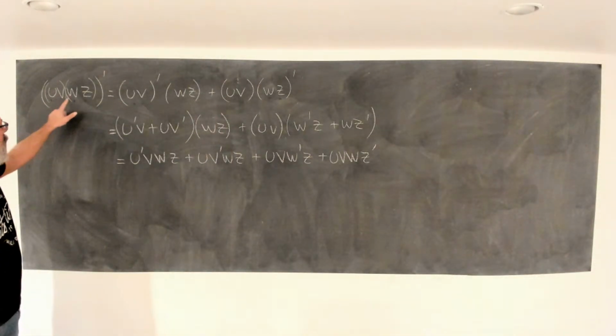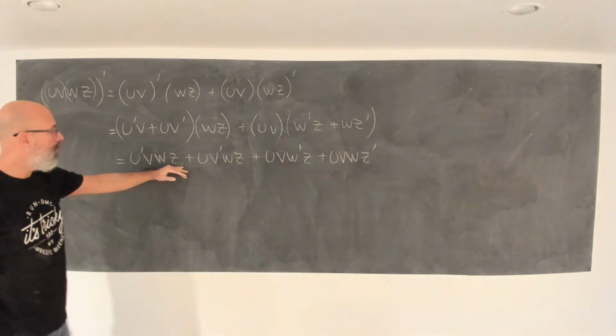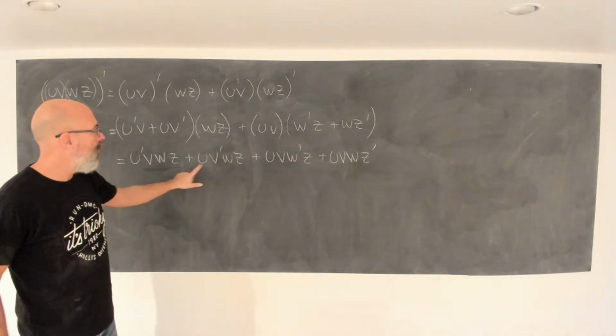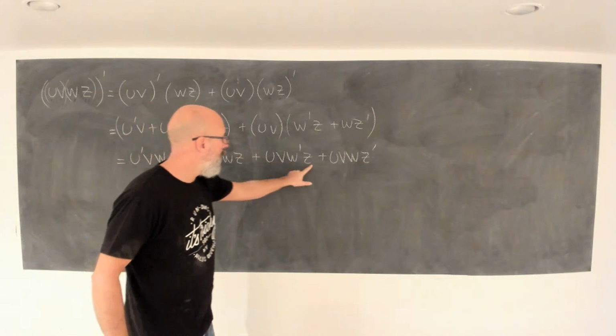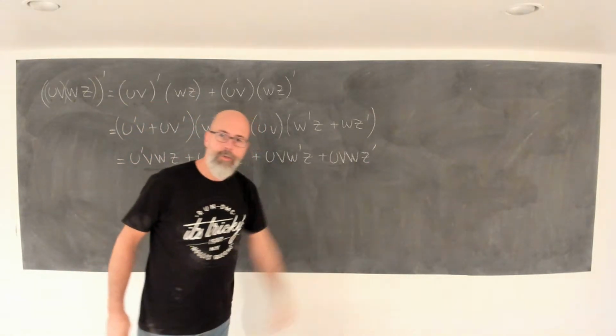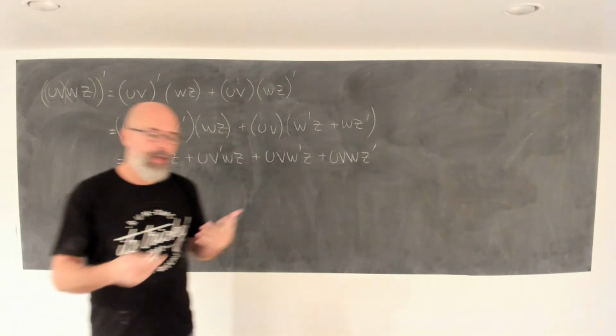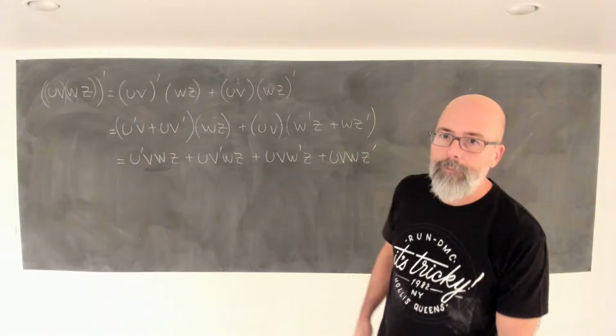You had UVWZ, differentiate the first one, leaving the other ones fixed. Differentiate the second one, leaving the other ones fixed. Plus, differentiate the third one, leaving the other ones fixed. Plus, differentiate the fourth one, leaving the other ones fixed. Sort of a generalization of the product rule, if you will.